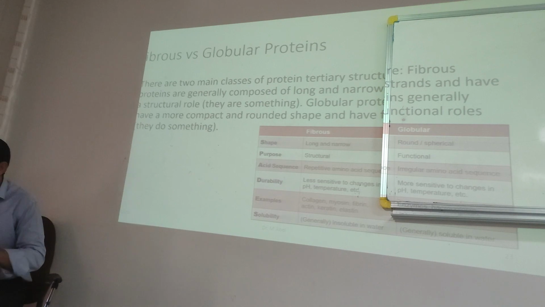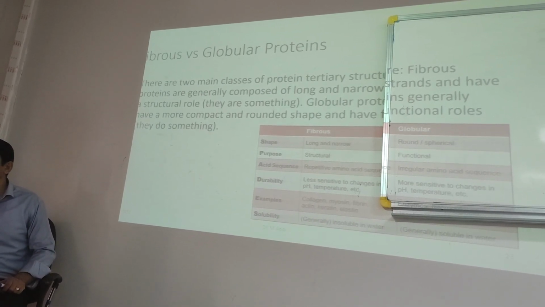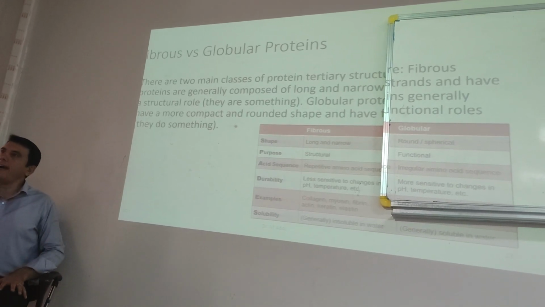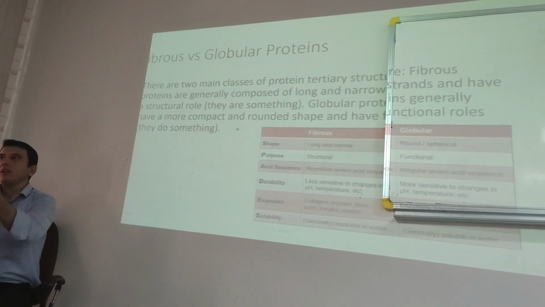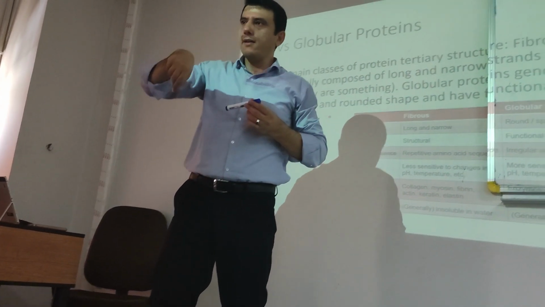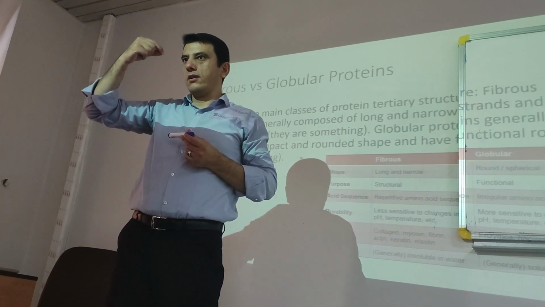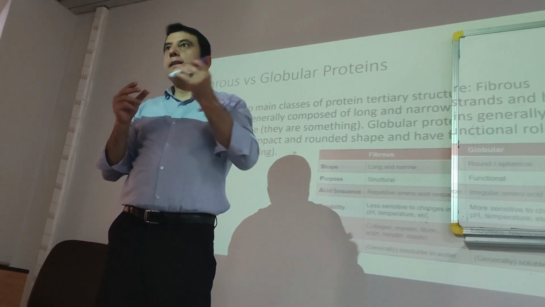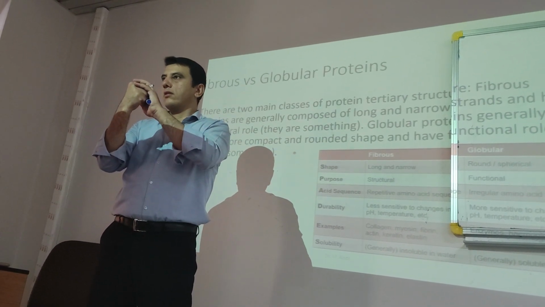However, globular proteins have a more compact and rounded shape. Round shape. The first one, fibrous protein, is like a string. And the other one is like a ball. Compact.